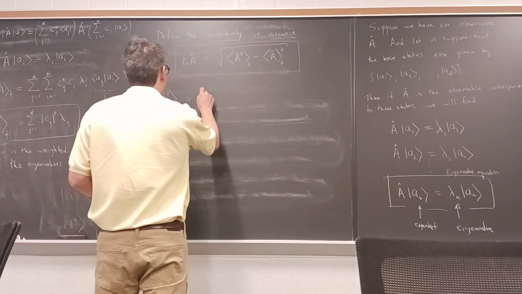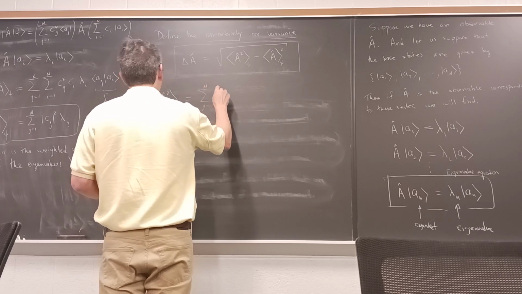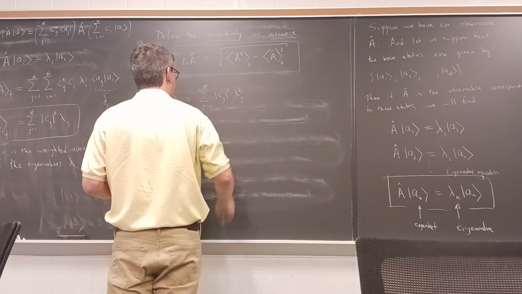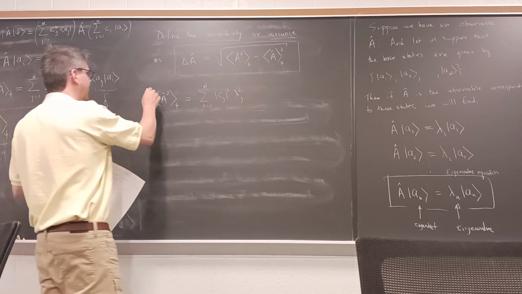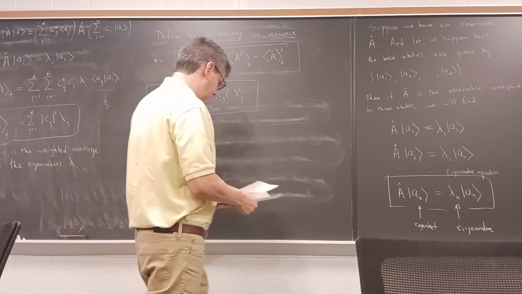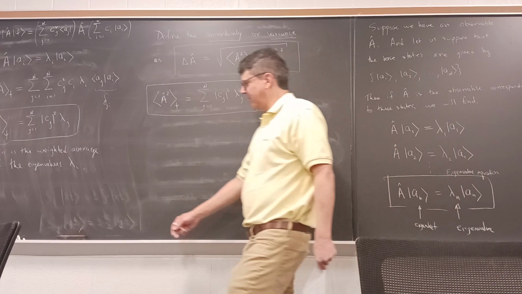So this will be the sum over j equals one up to n of cj squared lambda j squared. Okay, so we're going to use these relationships here. Any questions before we do some examples?